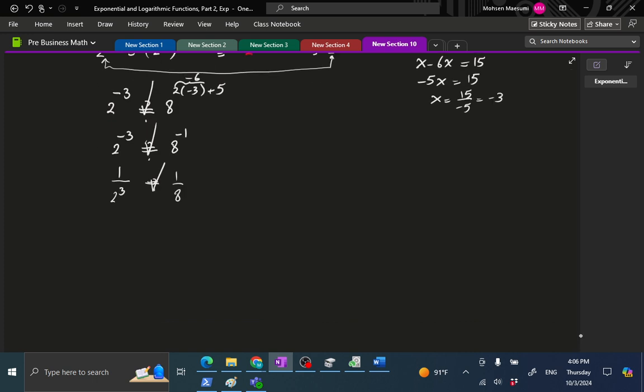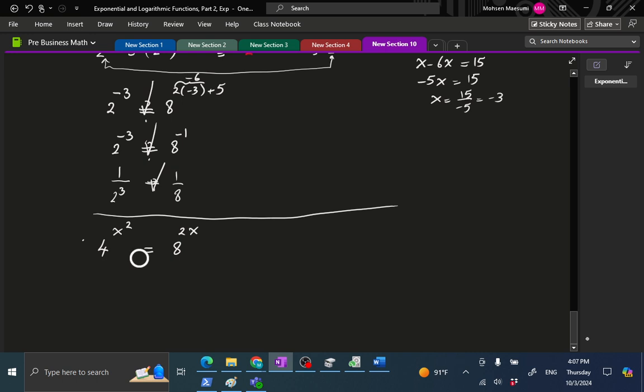Let's do another example of this type of questions. So suppose I have 4 to the power of x squared, and on the other side I have 8 to the power of 2x. I'm going to solve this. You have to write both sides with the same base to be able to compare them.